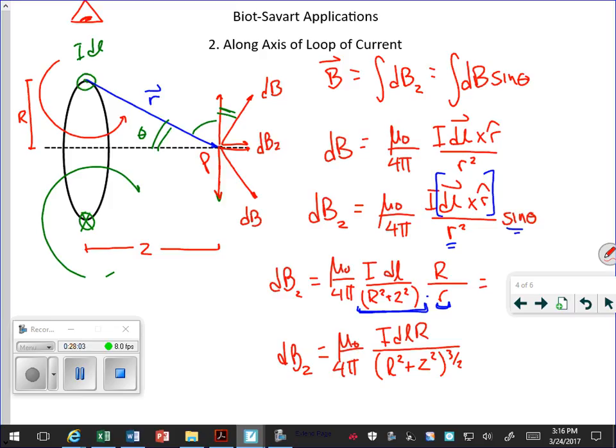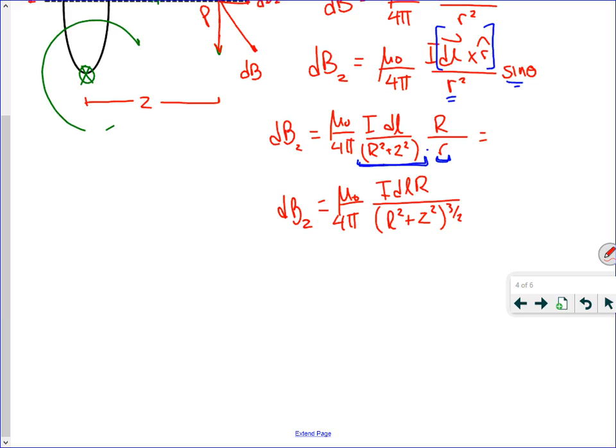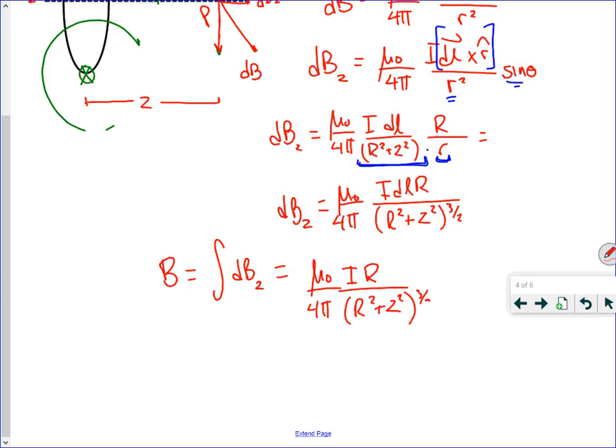And again, there's really nothing that varies in here. All we have to end up integrating is the dl, because the total B is the integral of all the dBz's. So it's I R over R squared plus z squared to the 3/2 times the integral of dl.